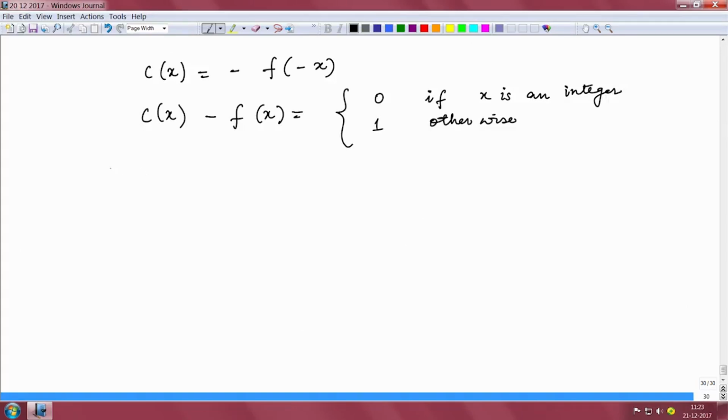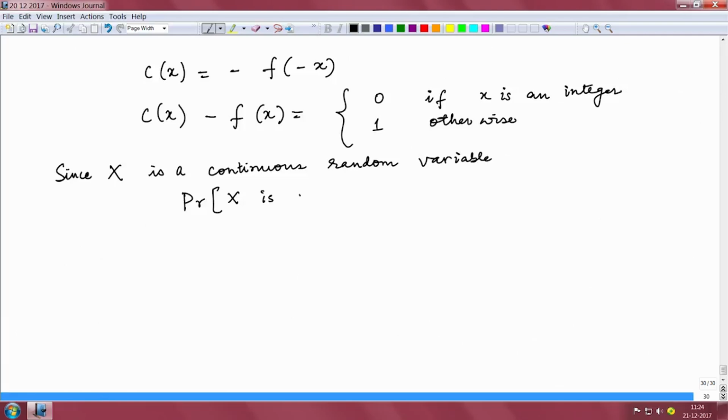Now since x is a continuous random variable, the probability that x is an integer is 0.